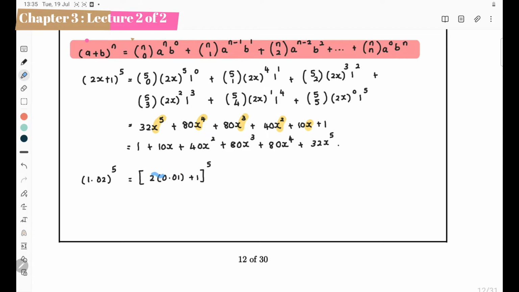Notice that we do this in order to compare with our previous binomial expansion, 2x plus 1. So from here, we know that the value of x is 0.01.